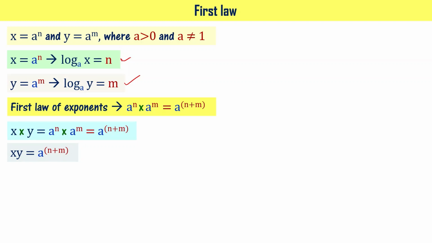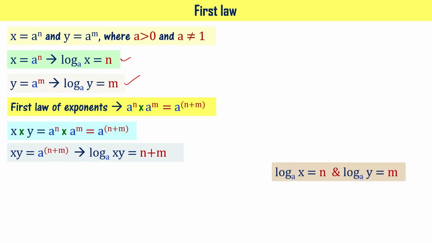When you apply logarithm to this, you can write it as log of xy to the base a equal to n plus m, right? We have earlier said that log of x to the base a equal to n and log of y to the base a equal to m, right?